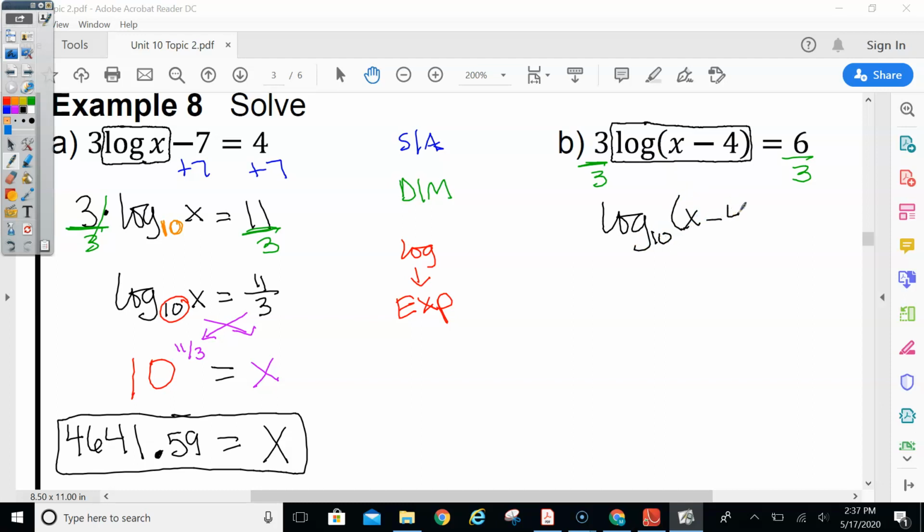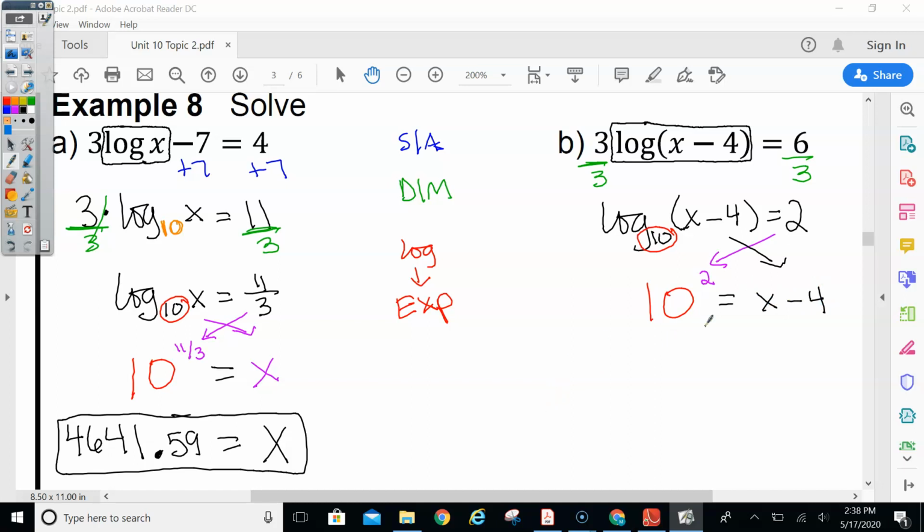X minus 4 equals, and over here we're going to get 2. So you need the 10 there in order to convert it, because if the 10 wasn't there, you would use the wrong base when you write it as an exponential. So the base should be 10, and then you're going to square that and make it equal to x minus 4.